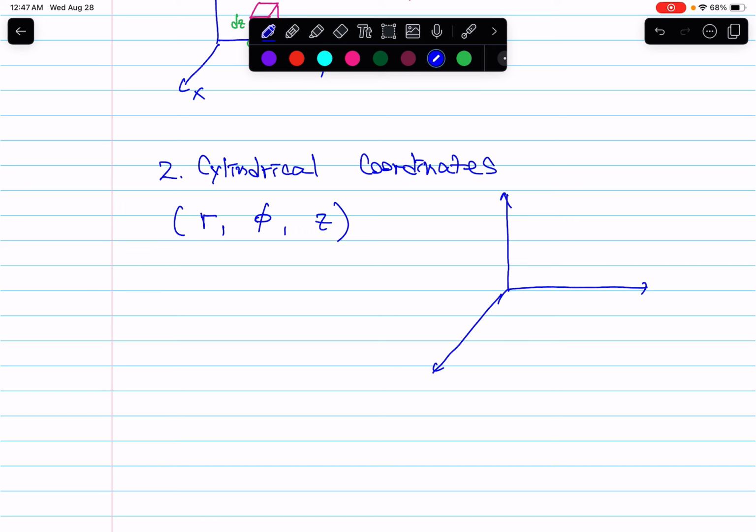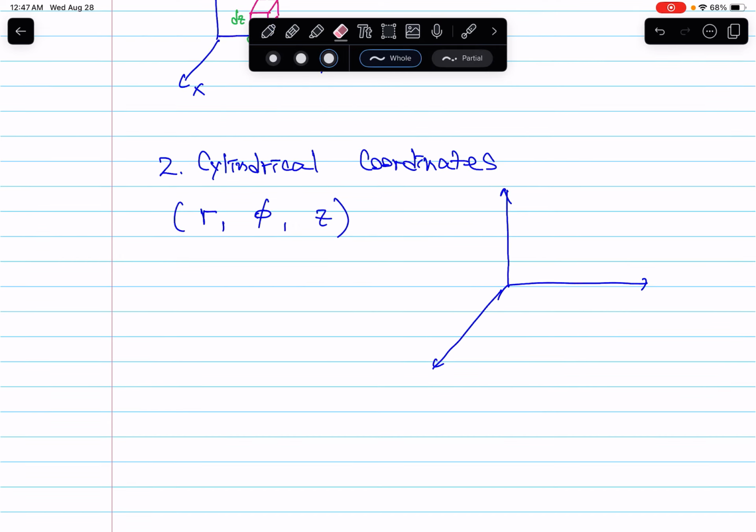First you have an r. So the radius stays on the xy plane. Okay, and the radius is r. So this is r.